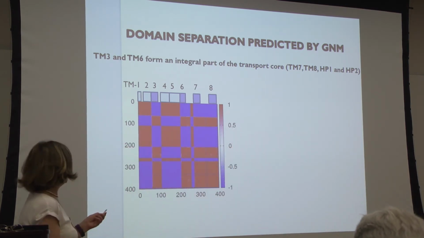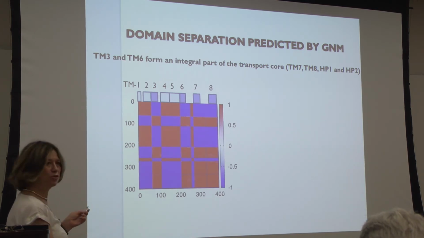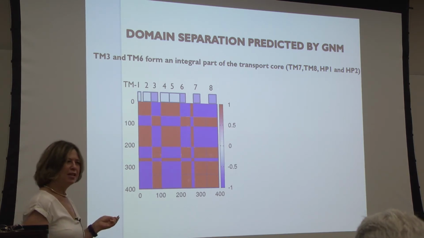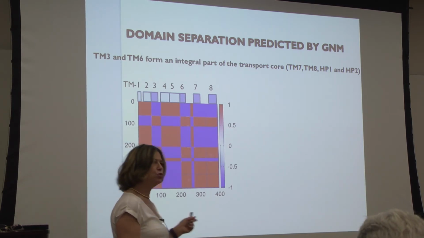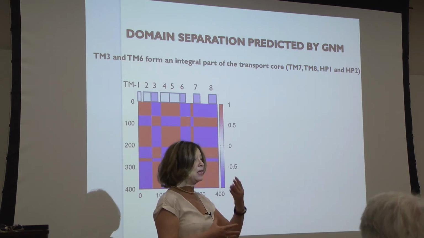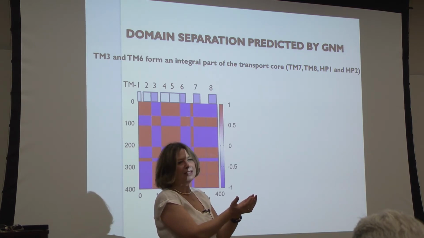Actually, we could have simply looked at this third mode and seen already that that domain separation was not correct. This is a very powerful tool for defining domain separations based on dynamics. Looking at structure alone may not tell you the truth.